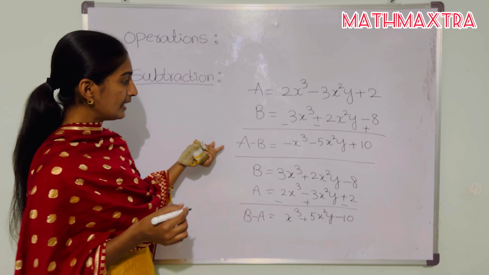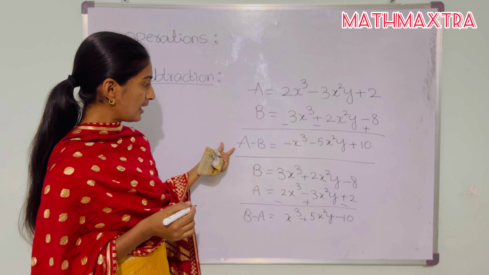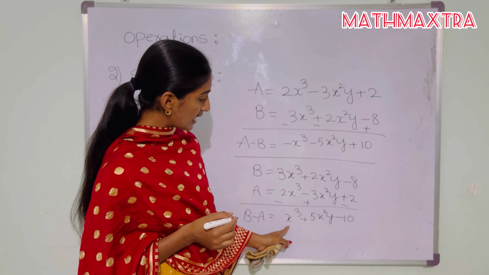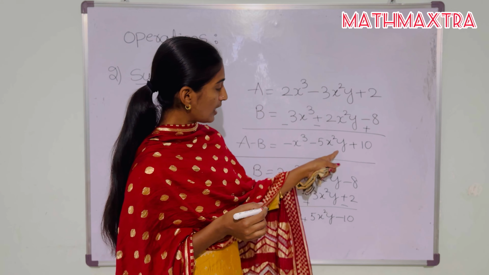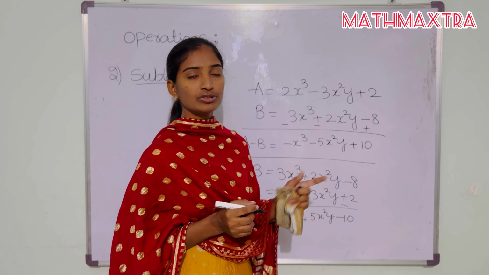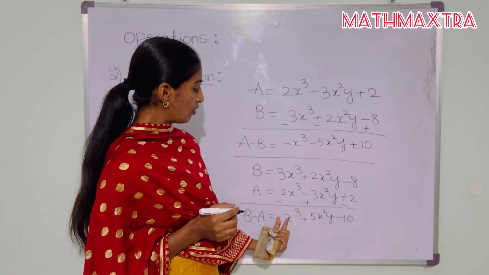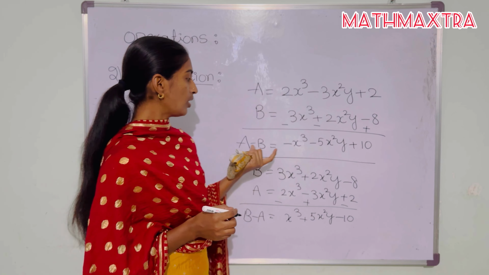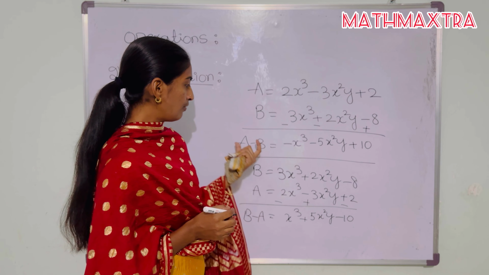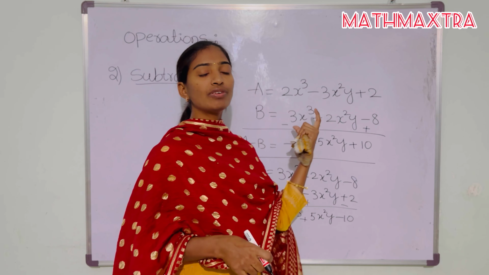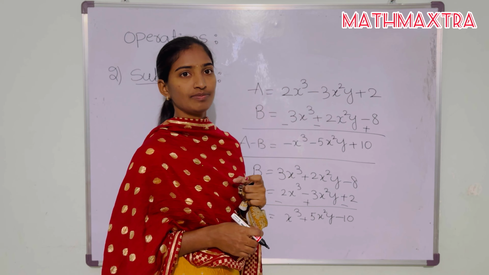You identify the difference between a minus b and b minus a. What happens? The terms are the same: x cube, 5x square y, 10. So what is the main difference? Only the signs are changed. What you need to observe is that if you find a minus b or b minus a, the only difference is that the signs are changed.